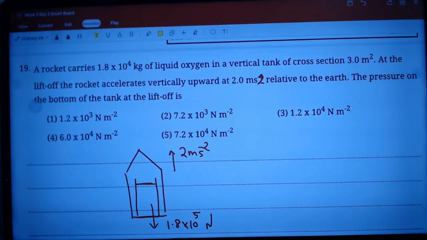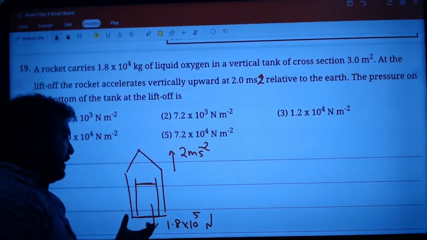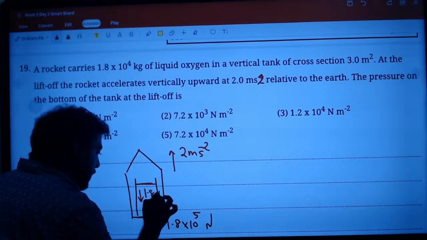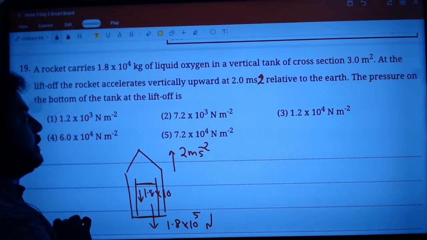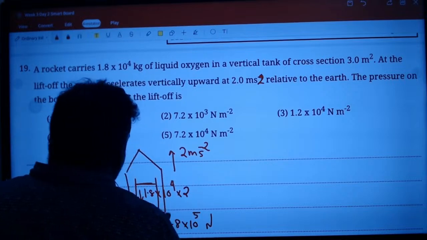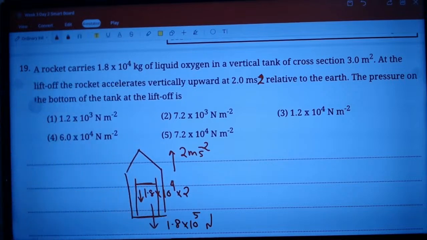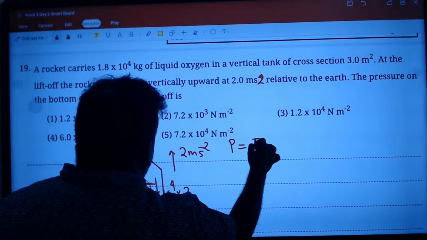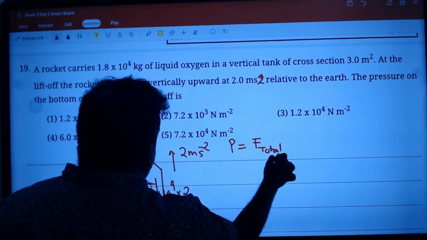So what happens is, when this accelerates, there will be a pseudo force acting, 1.8 10 to the power 4 times 2 in the opposite direction. So total pressure is equal to total force over area.